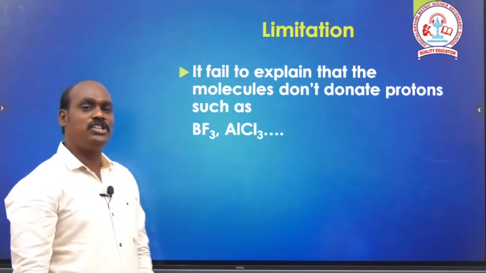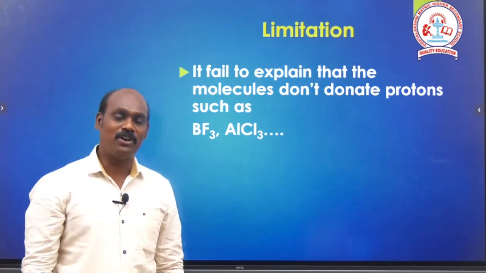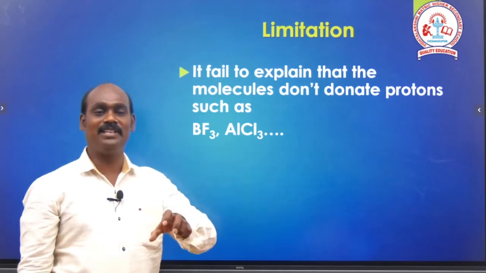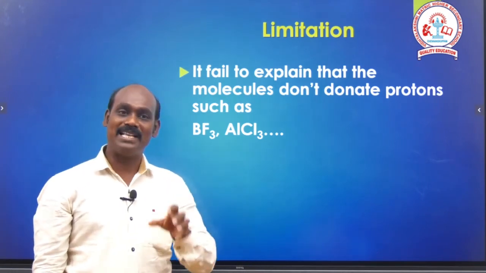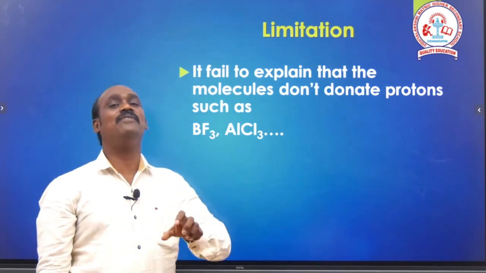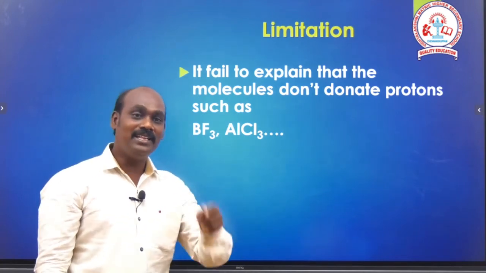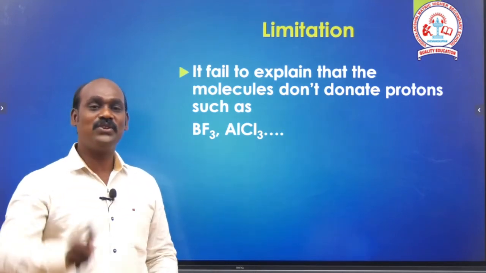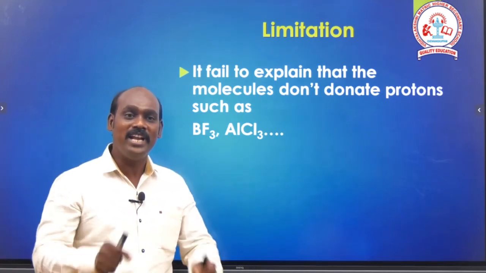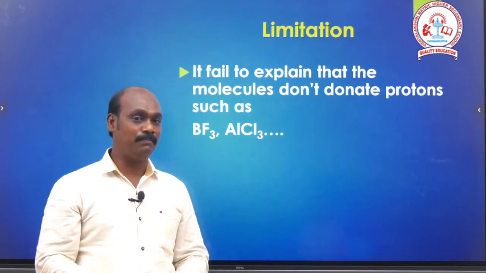So, what are the limitations of Lowry-Brønsted theory? It fulfills some aspects about acids and bases, but it also has a limitation. It is applicable only in the presence of hydrogen. In the absence of hydrogen, we couldn't explain acids and bases.